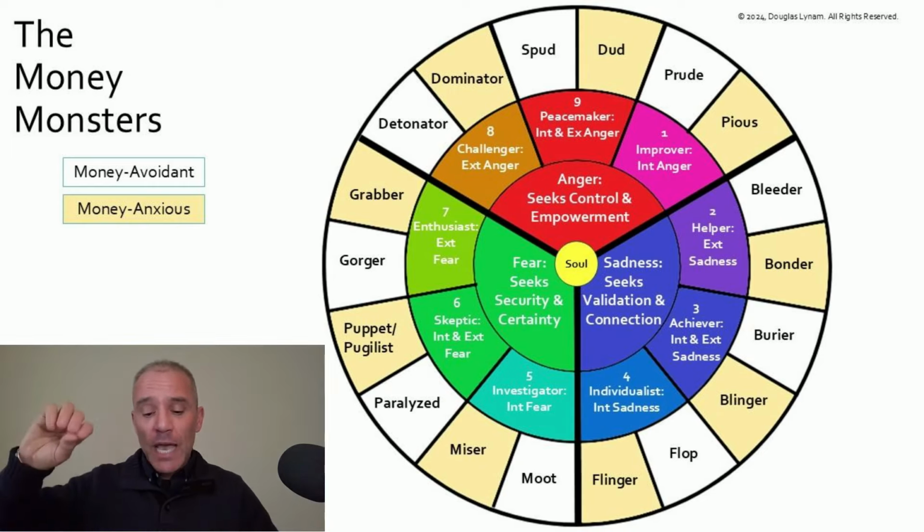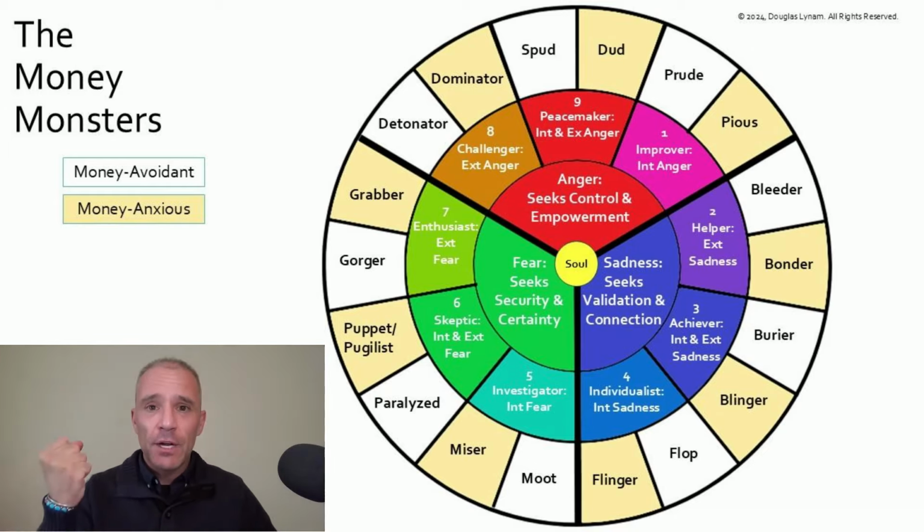And then we have the miser, which is the opposite of the moot. The miser is someone who's very, very greedy and very clingy around money. They're going to track every penny. And so 5s struggle with stinginess. Stinginess can be their emotions, their feelings, their ideas, but also their money. And so when a 5 gets really stingy, they become the miser.